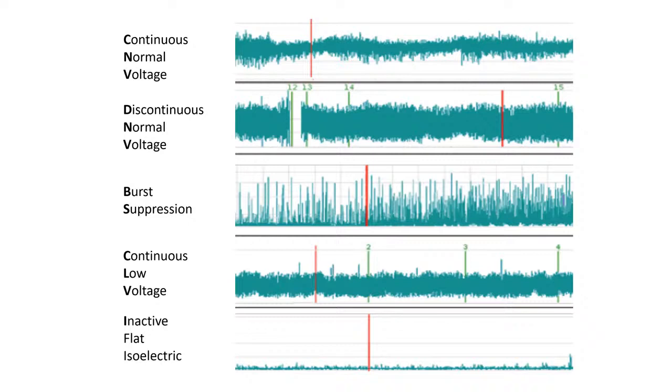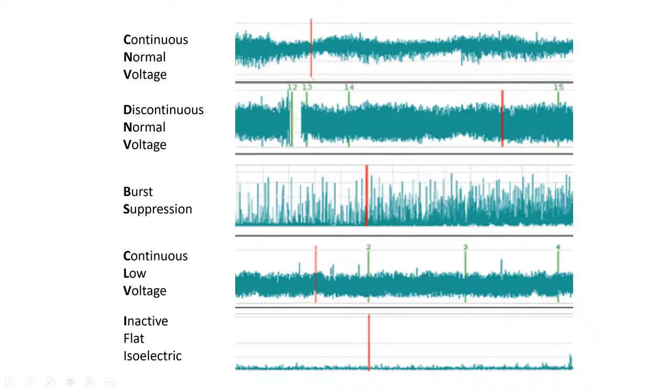Then we have our discontinuous normal voltage, where that lower margin drifts below 5, but our upper margin stays above 10. When we expect to see continuous normal voltage, over 34, 35 weeks, we expect a pretty continuous normal activity. So upper margin above 10, lower margin above 5.